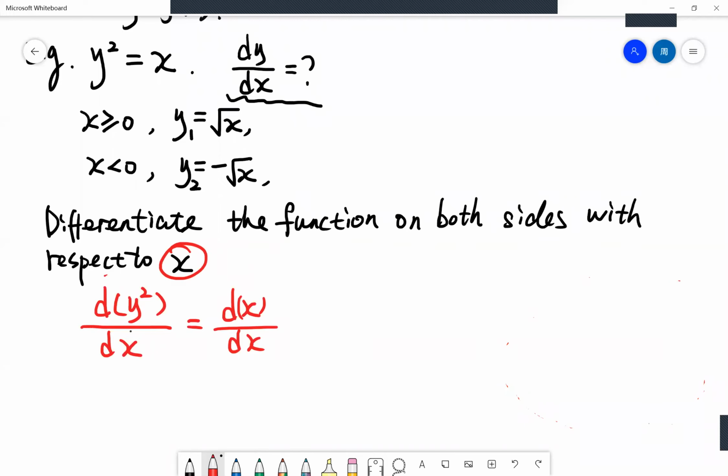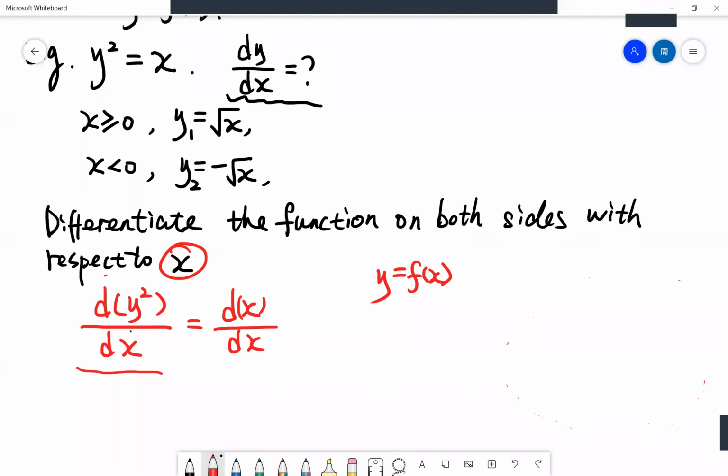And then here, don't forget the left part. y is a function of x, or you can think that y equals f of x. That means y is a function of x, right?